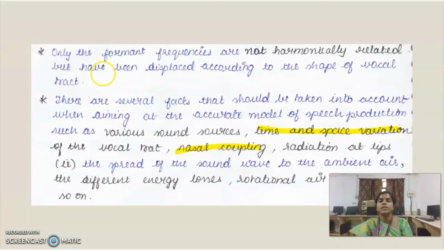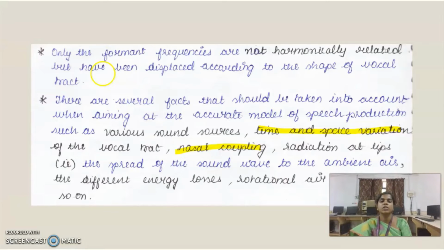The formant frequencies are not harmonically related, but they are displaced according to the shape of the vocal tract. And there are time and space variations of the vocal tract. We call them nasal coupling, radiation at the lips, the spread of sound in the ambient air, different energy losses, and rotational airflow.